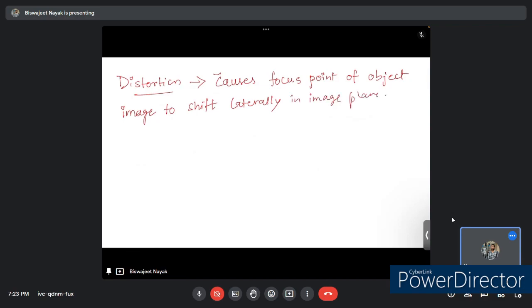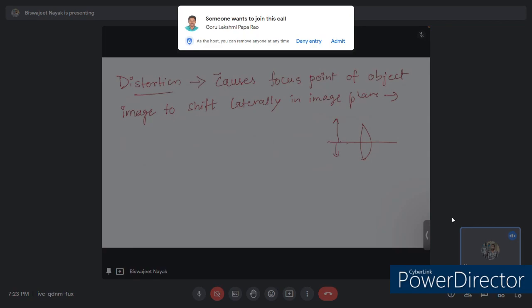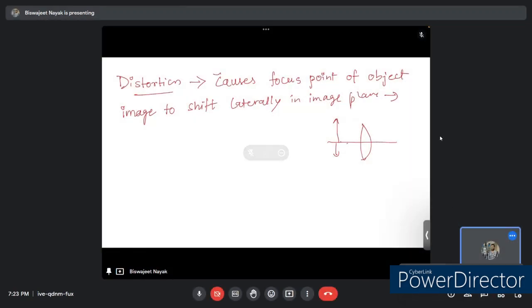The more we go away from the optic axis, the more this distortion creeps in.